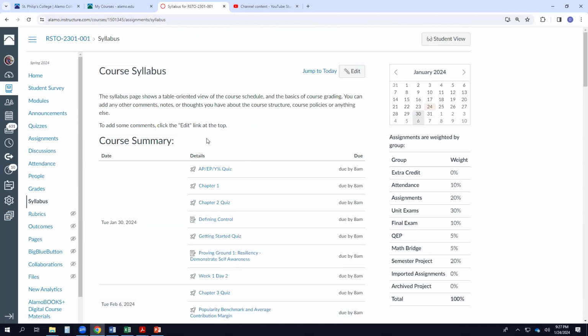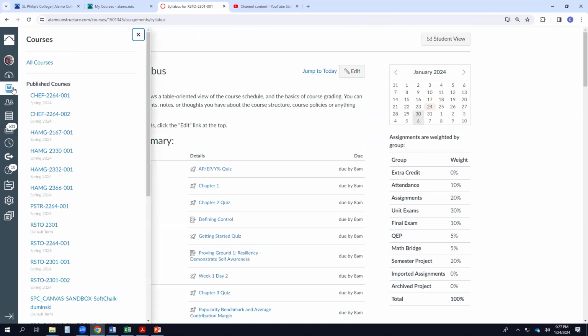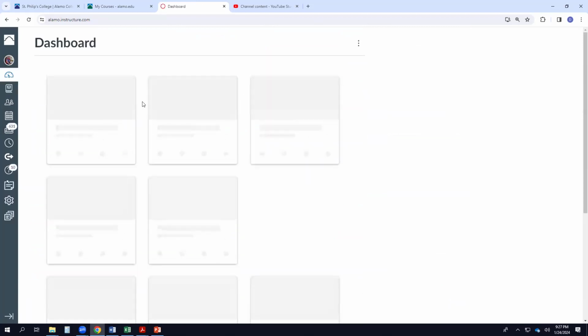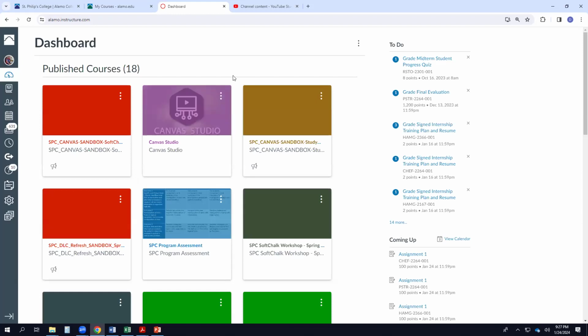You can also click on your dashboard, okay? When you click on your dashboard, your to-do list is prioritized based on all of your classes that your teachers have deadlines and due dates in, right?